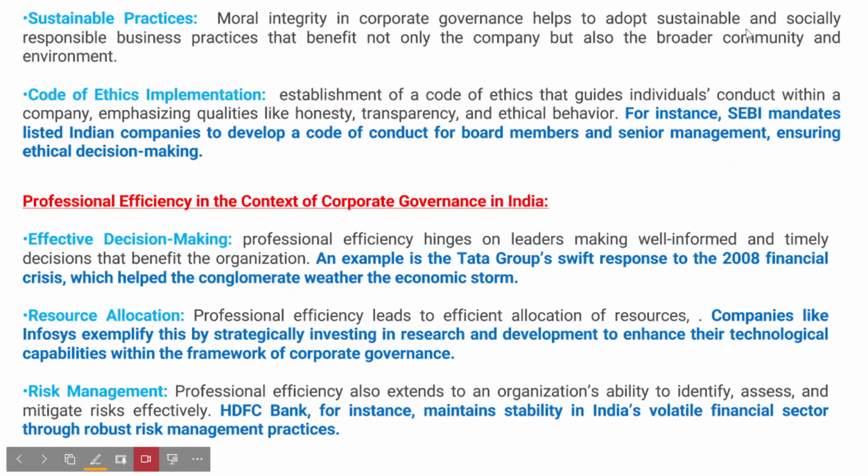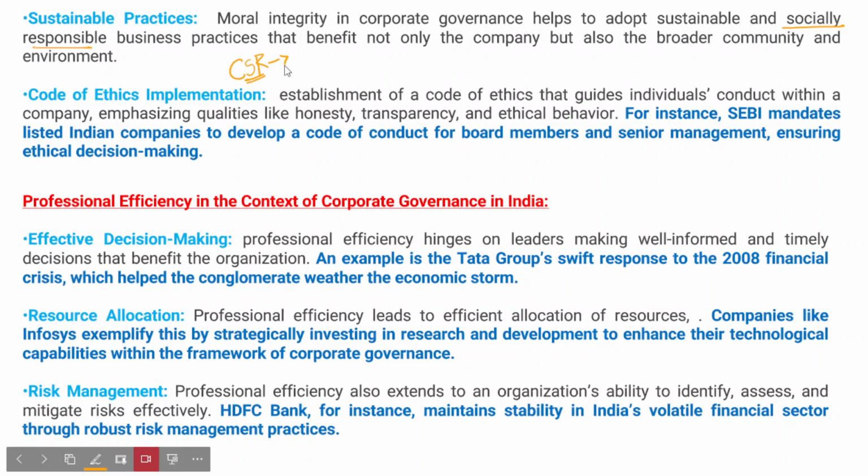For example, those companies which adopt sustainable and responsible business practices respect the corporate social responsibility norms of the government, and they also respect the rights of all the stakeholders as well as shareholders, and they go for responsible globalization.